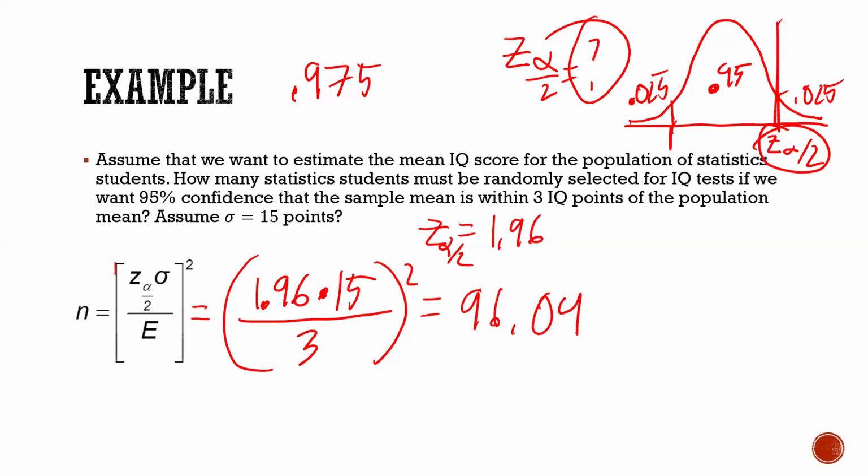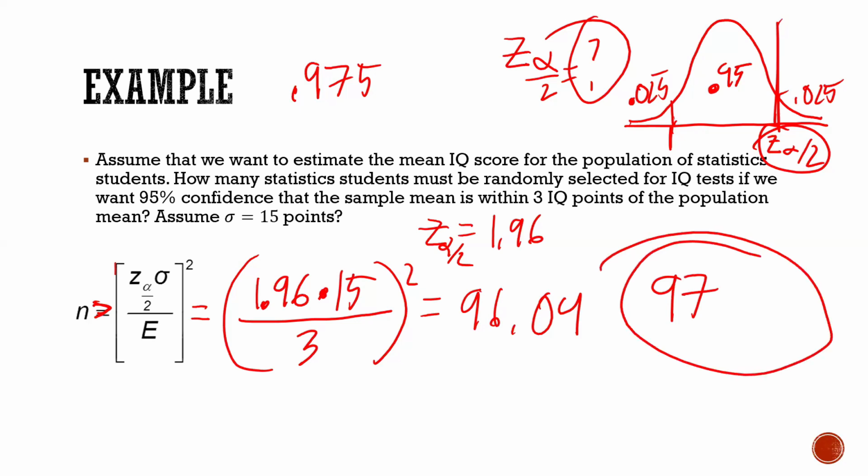Because we would be just a tiny bit under, so you have to be conservative, make it bigger. So n needs to be greater than or equal to 97. It's people. I could do sample size where I'm measuring trees or whatever, but in this case, it is people, right? So the answer would be 97. So that's how you calculate sample size.